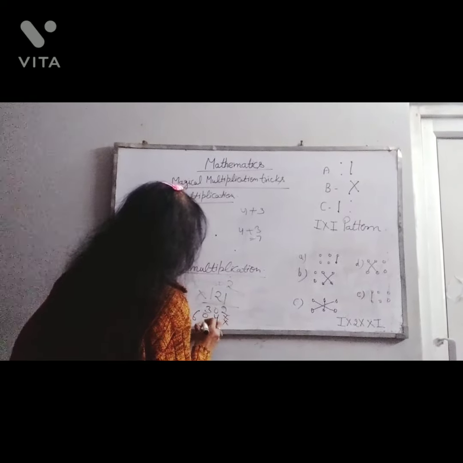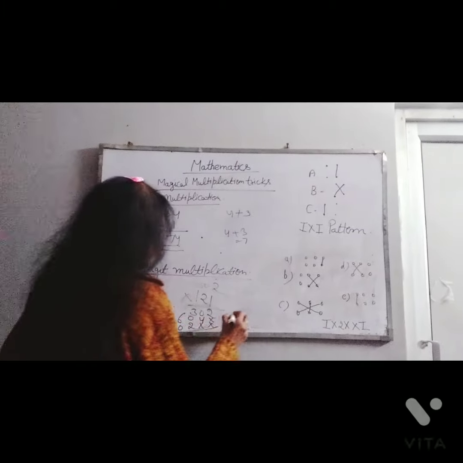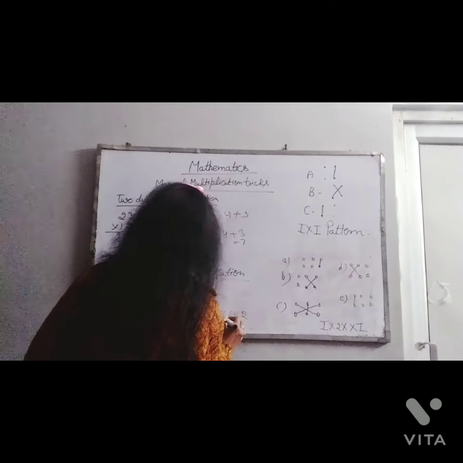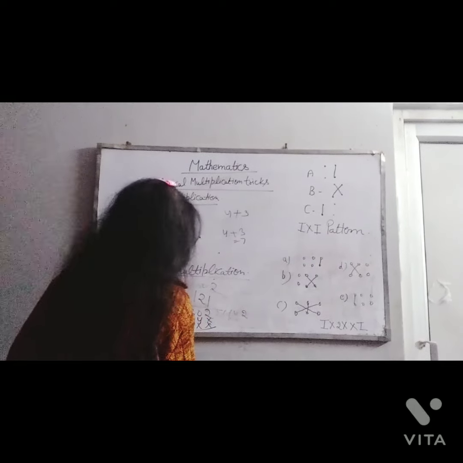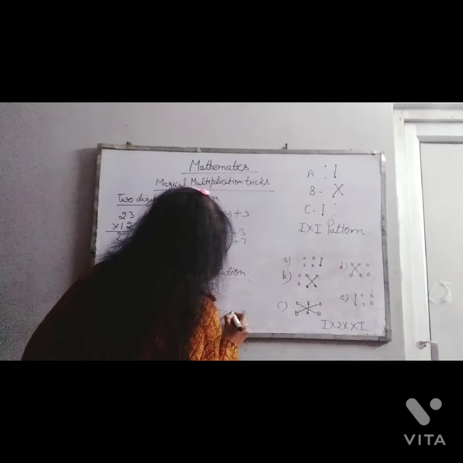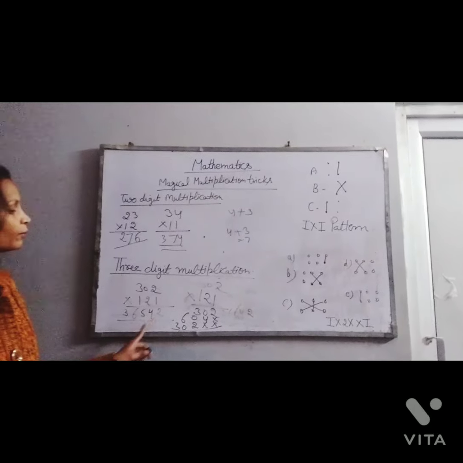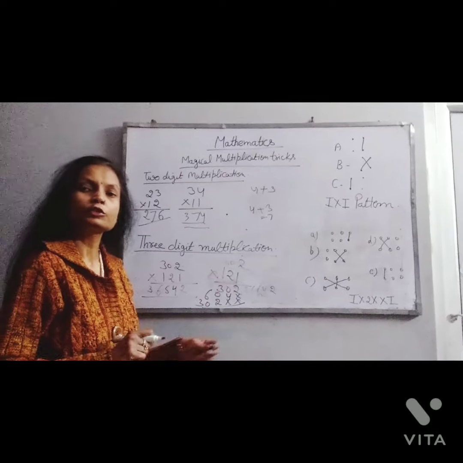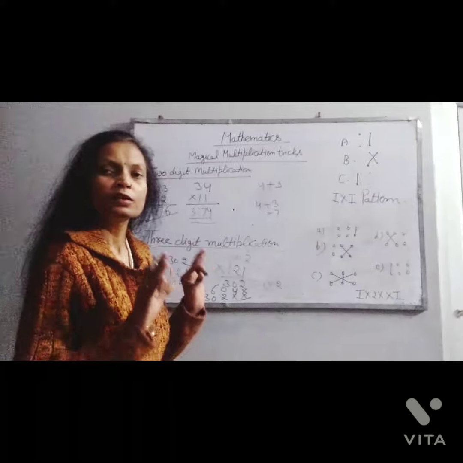Then you add them, and the answer is 36542. Yes, the answer is the same. Both methods give the same answer. So students, follow this trick and keep your calculation fast.